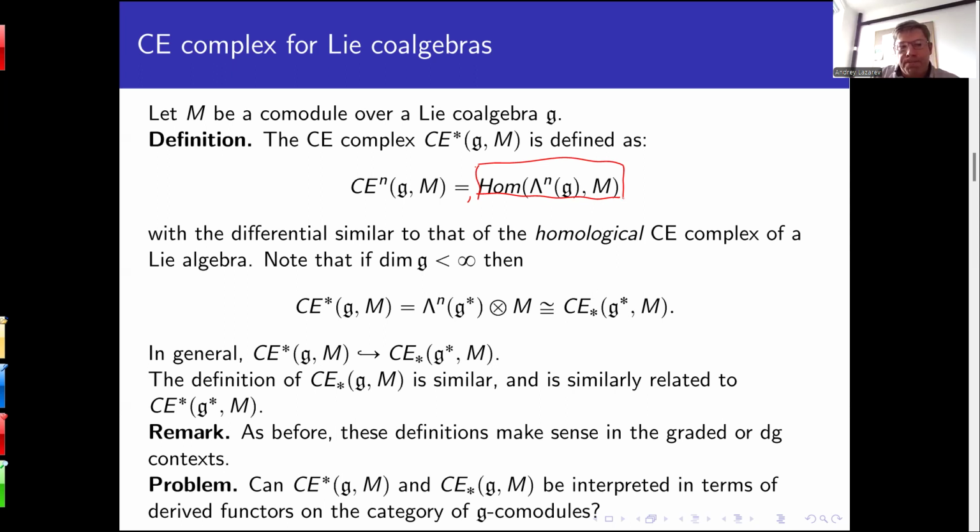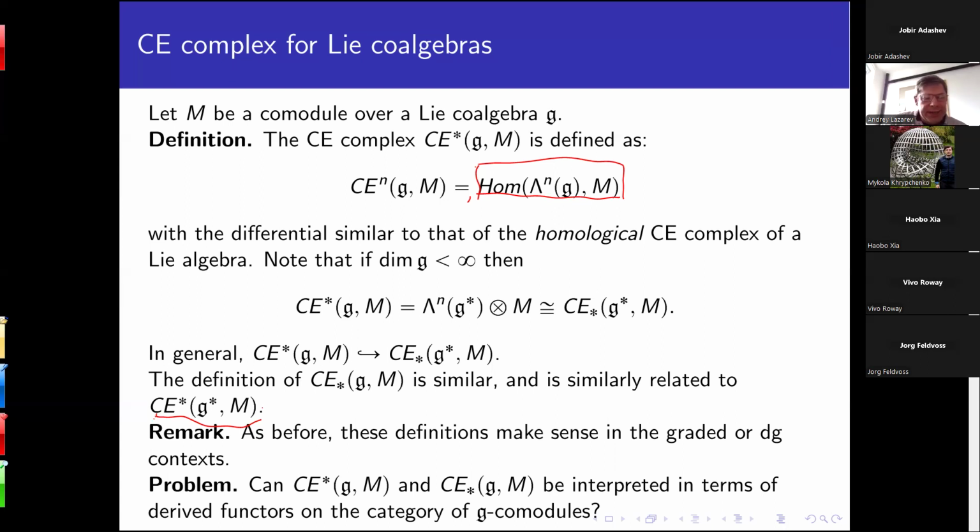So the differential of the homological Chevalley and Eilenberg complex is similarly related to the cohomological complex of G star. Again, in the case when G and M are graded or differential graded, all these complexes make sense, and they will be double complexes rather than single complexes.